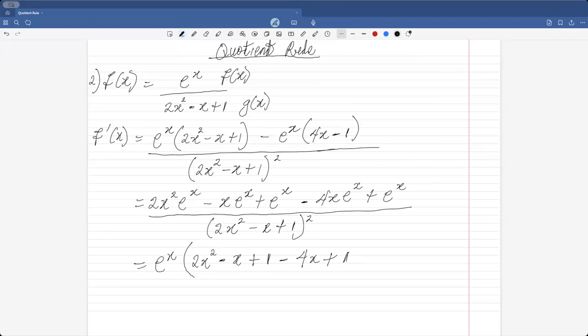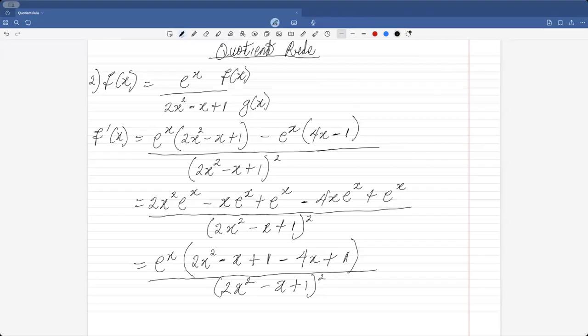And also, we can also collect the like terms. Close parenthesis, all over, open parenthesis, 2x squared minus x plus 1, all to the power of 2.